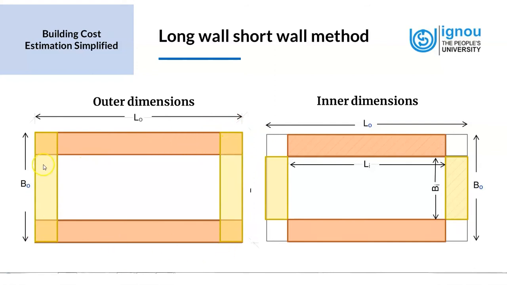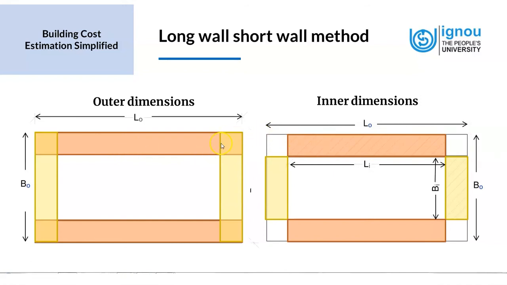So we find that at the corners there are extra measurements being taken. Now if we have the inner dimensions of the room, and we focus on the inner dimensions to find the area, again then we are leaving out the corner areas.